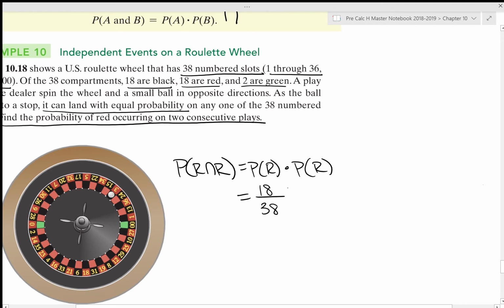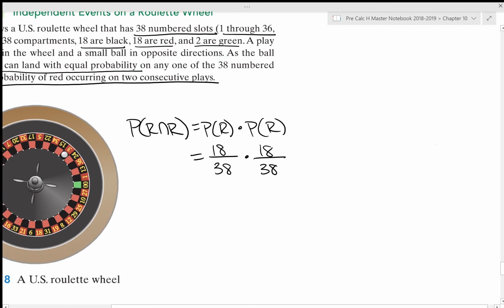And then same probability will happen again on the second spin. So now when I go to do this, I'm just going to multiply, and what I will get for the probability of getting a red on the first and a red on the second is 324 out of 1,444.